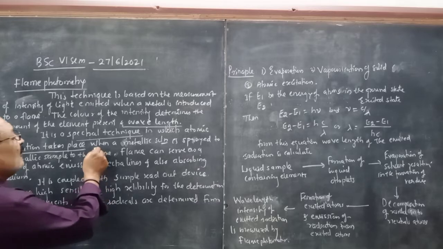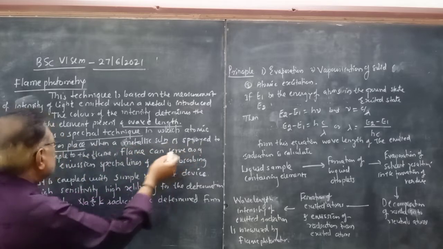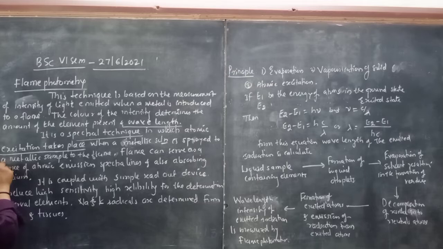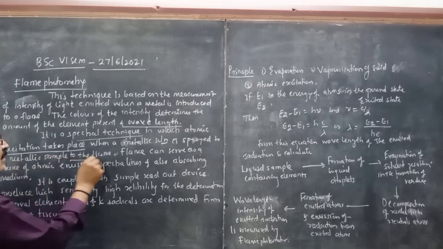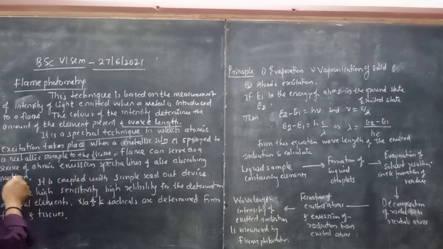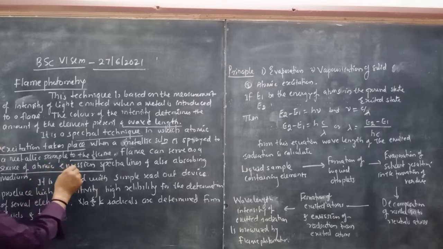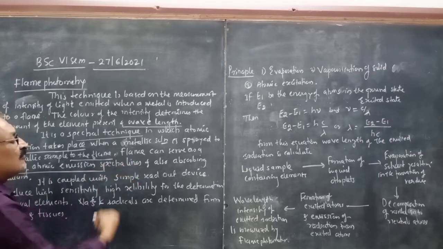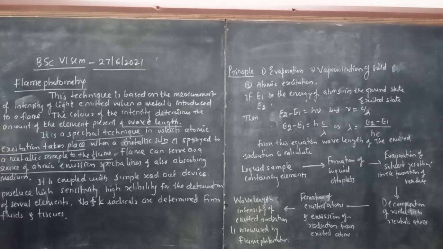When a metallic solution is sprayed to the flame, the flame can act as an atomic emission source, and we get the different spectral lines, and also as an absorbing medium, you have to know.